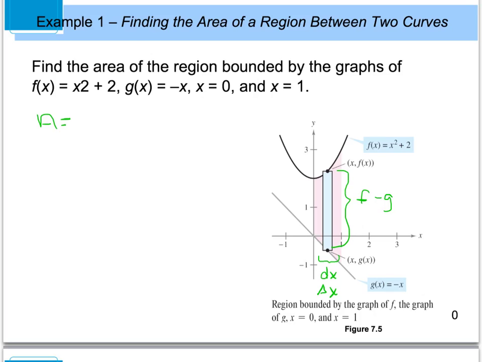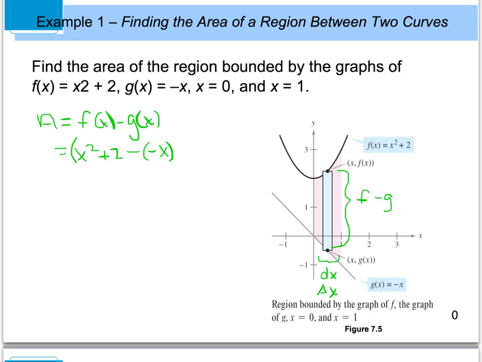So if I know my area is equal to f of x minus g of x, I'm going to plug in my functions. I know that f of x is equal to x squared plus 2, and I'm going to be subtracting g of x, which is a negative x.